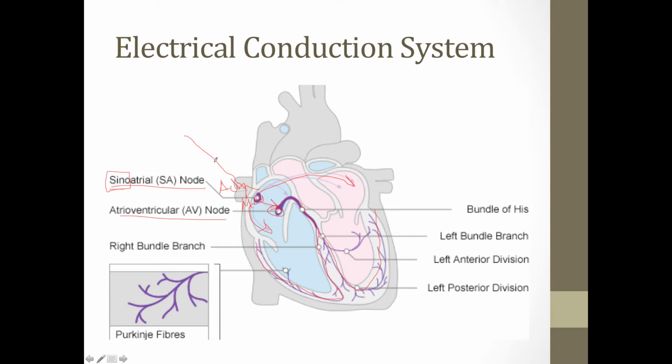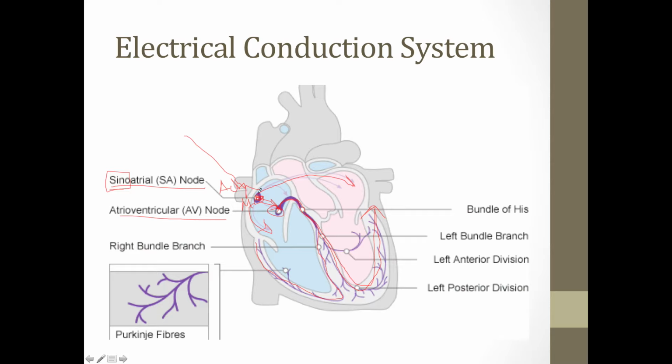So every time the heart beats, we have stimulation spreading from the SA node to the AV node, down the bundle, through the bundle branches, then up through the Purkinje fibers. So this is the conduction system.